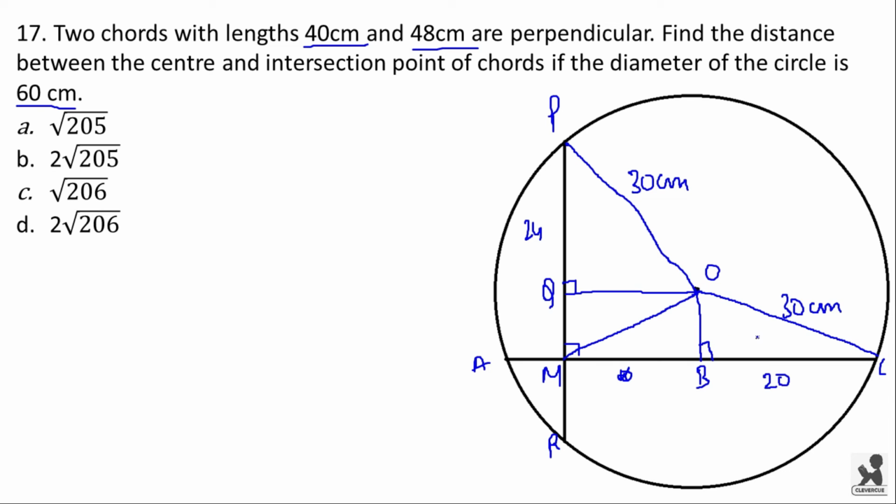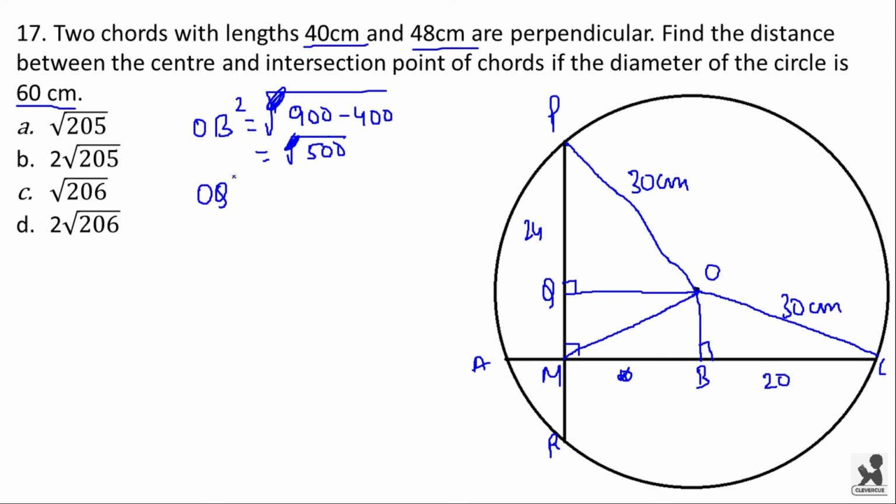Now let us find OB. OB square is equal to 900 minus 400, which is equal to 500. Sorry, there is no root over here.